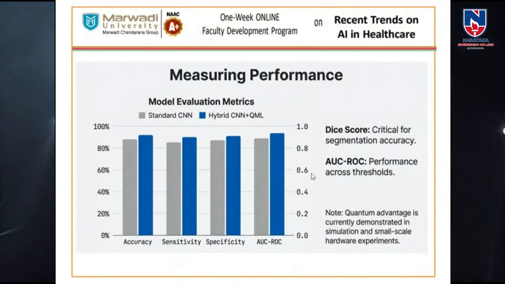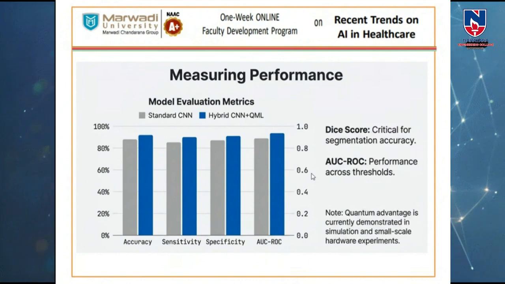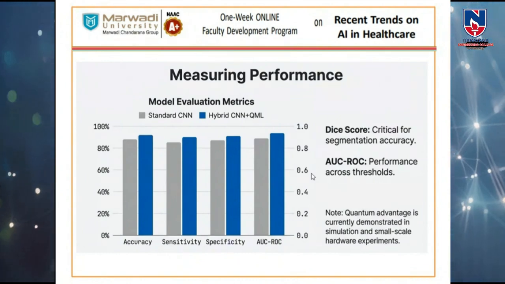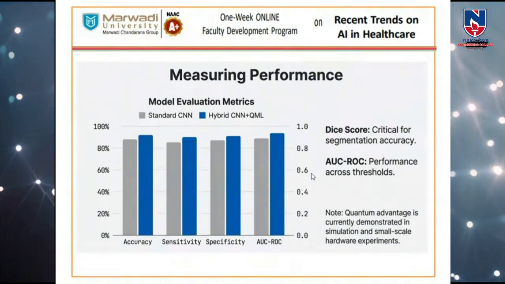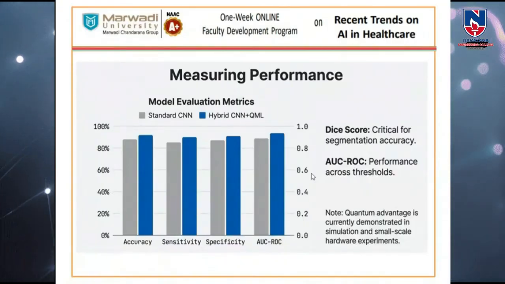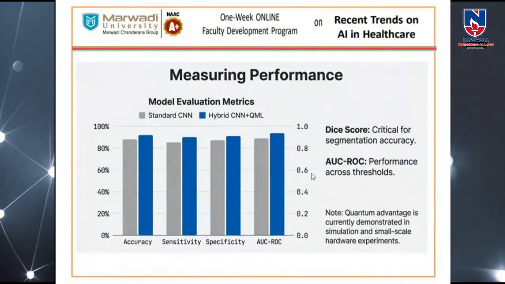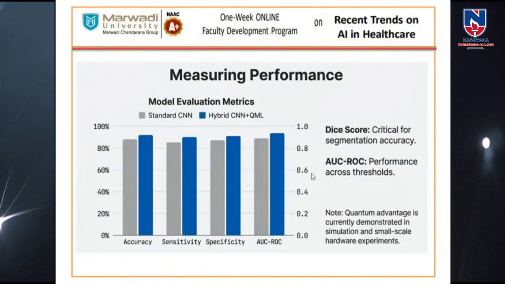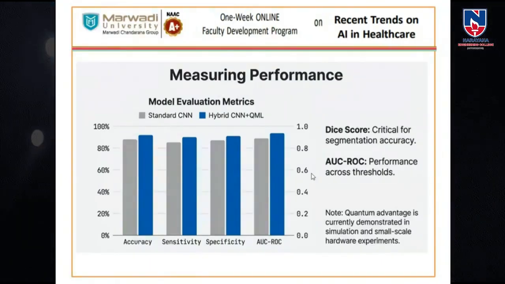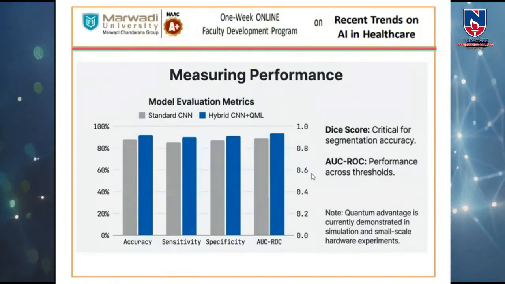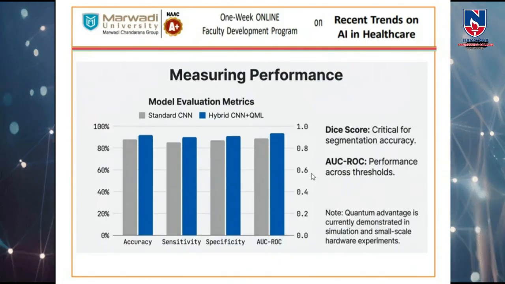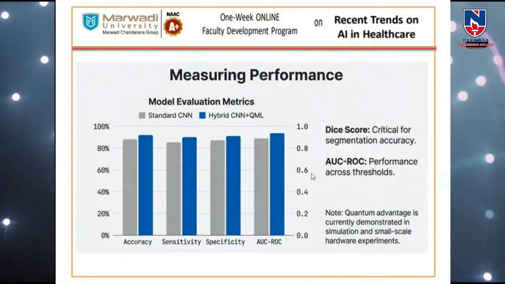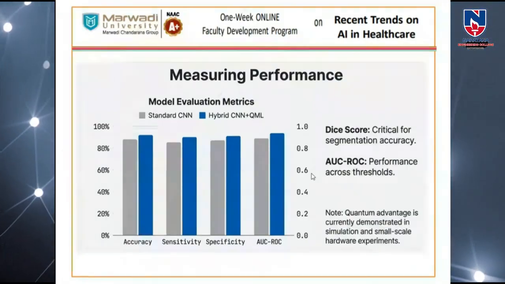I repeat, we are getting high accuracy, or at least on par with normal deep learning for large data sets. We are claiming this with small data sets. However, it is demonstrated in simulation and small-scale hardware experiments, like 4 to 8 qubits only. Please make a note. It is one of the challenging tasks.